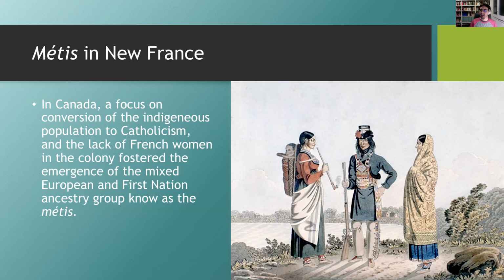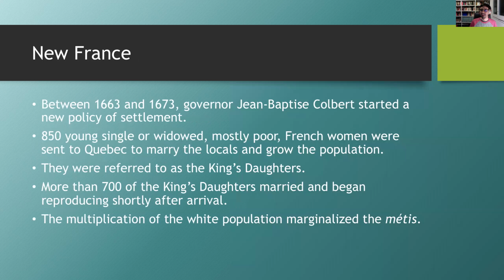So how is it that mestizaje did not influence New France in the same way as it did Spanish America? Well, it was because of an influx of white women. And you see, between 1663 and 1673, Governor Jean-Baptiste Colbert started a new policy, and he managed the king to sponsor the voyage of 850 women or so, 850 young single or widowed women.